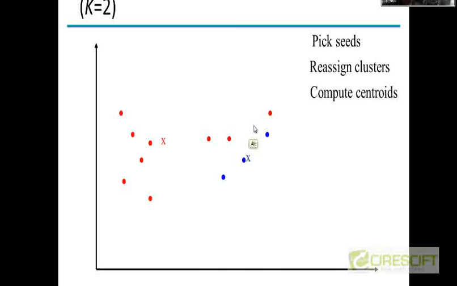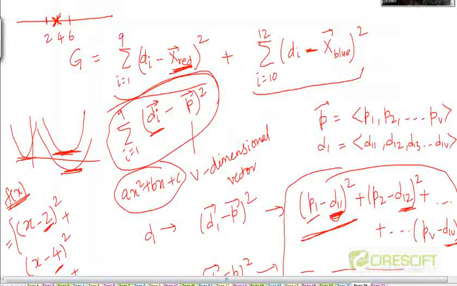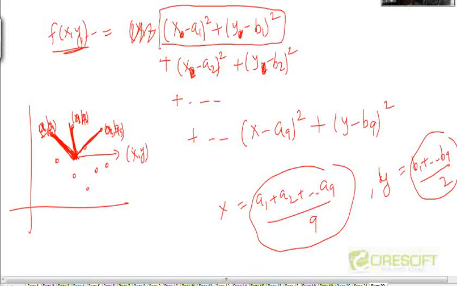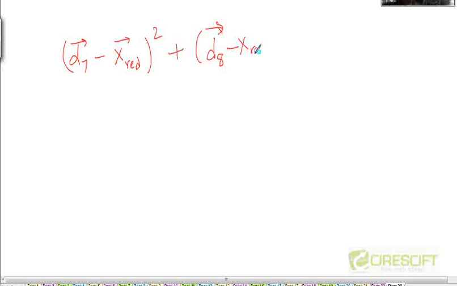let's look at d7 minus x red squared plus d8 minus x red squared plus d9 minus x red squared.